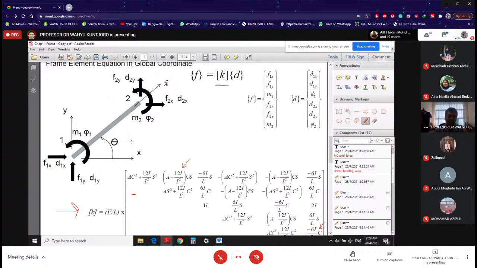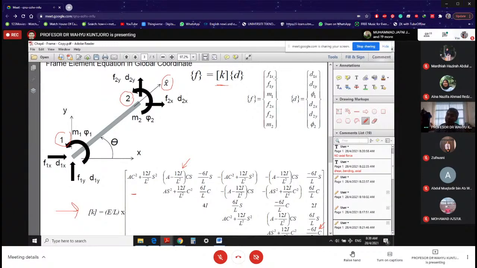Theta. That is our theta. So meaning now that is our X global, our Y global, X and Y reference, and that is our X local, which is from node number 1 to node number 2. Because positive X local is from node 1 to node 2, that means you can write your F and D in this way. 1, 1, 1, 2, 2, 2.